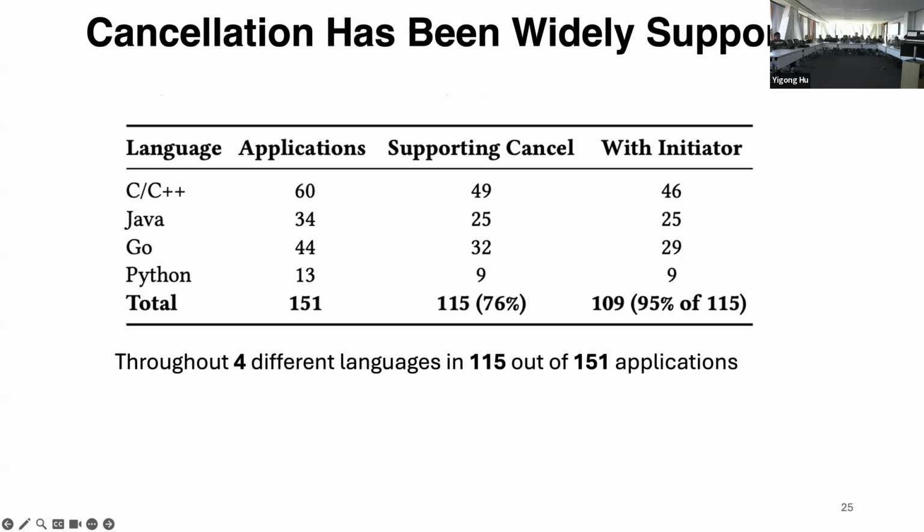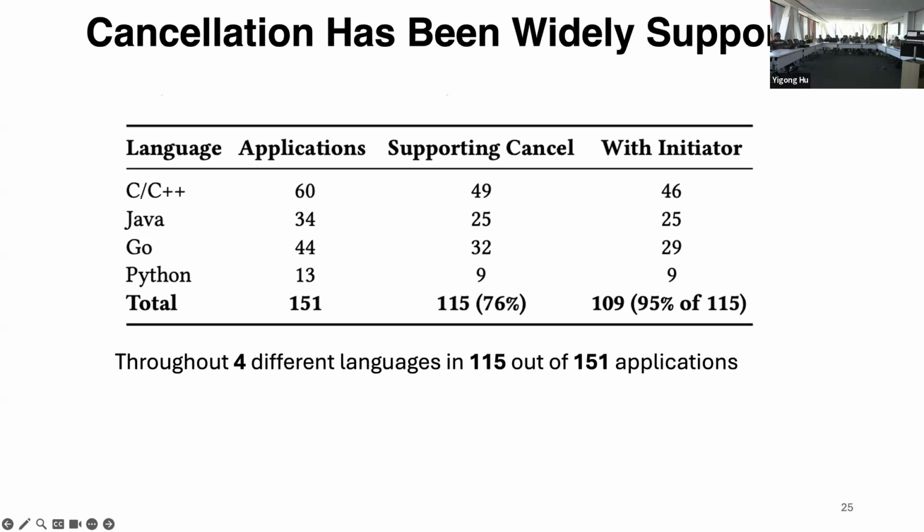The one takeaway is that 76% of the applications already provide built-in cancellation mechanisms. And the applications that do not provide this cancellation mechanism are usually non-interactive applications, like libraries, that do not really need these resource overload control systems.